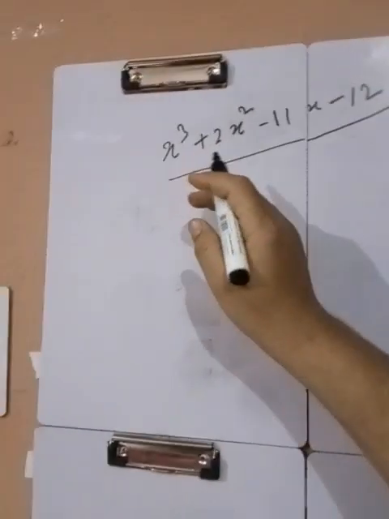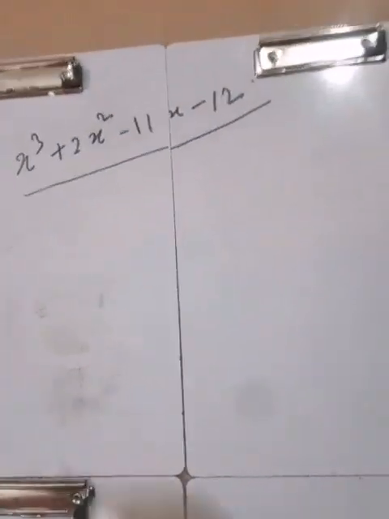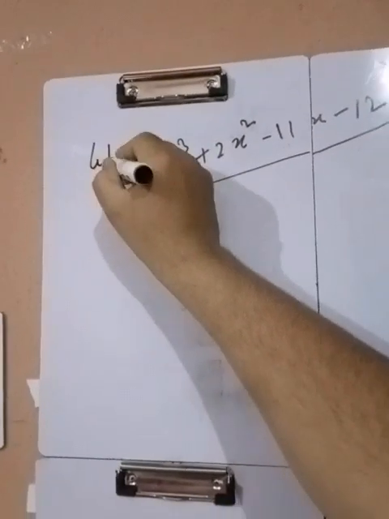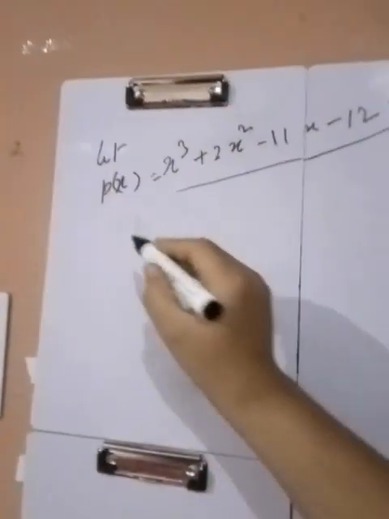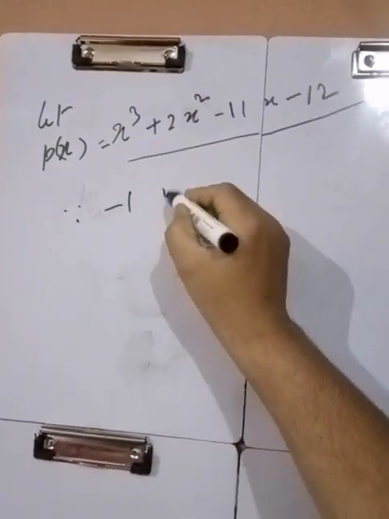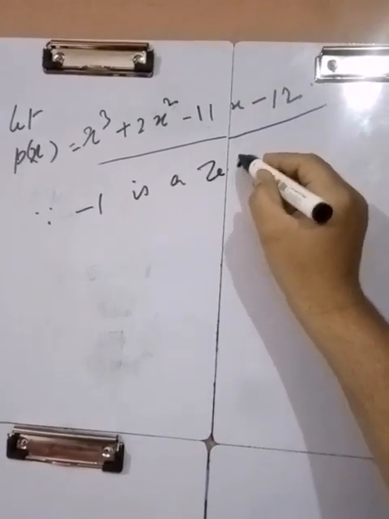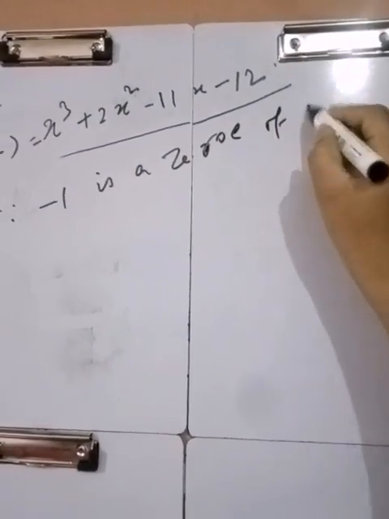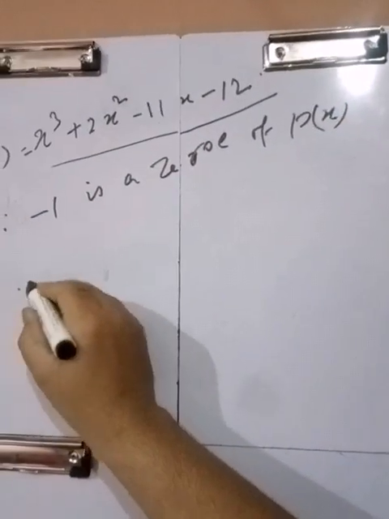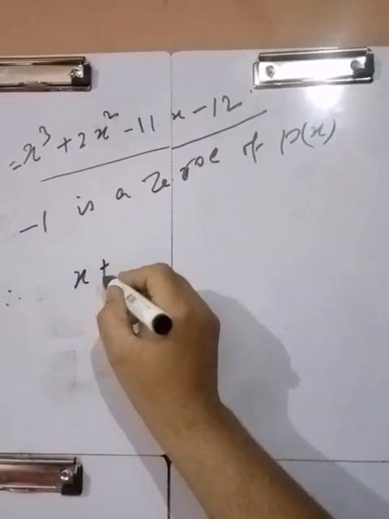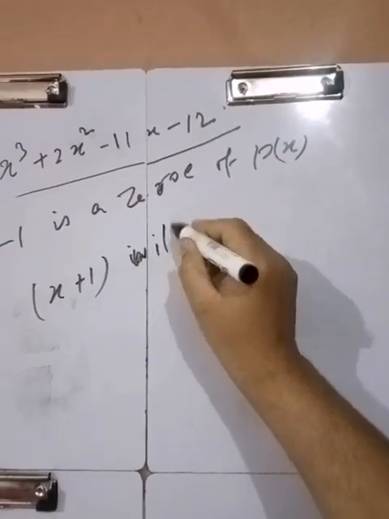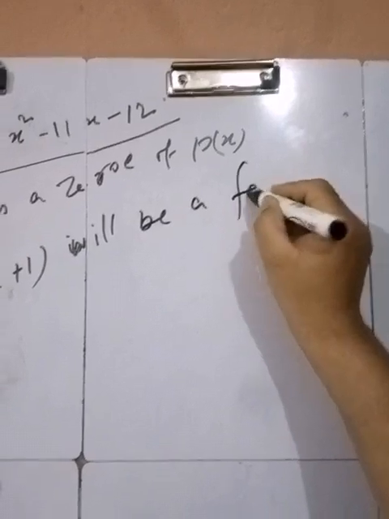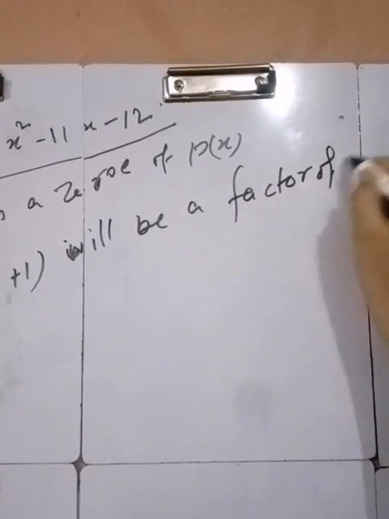So what is given? Minus 1 is a zero. So what we do? First we take let px be equal to fx, whatever you can take, that is not an issue. And we will write here, since minus 1 is a zero of px, therefore x plus 1 will be a factor of px.